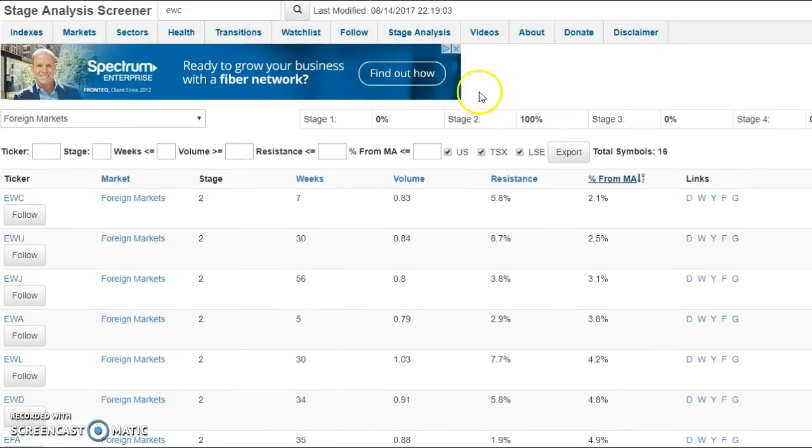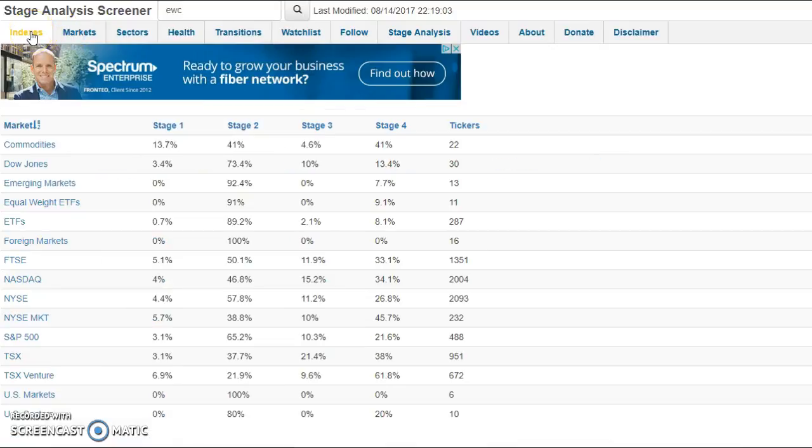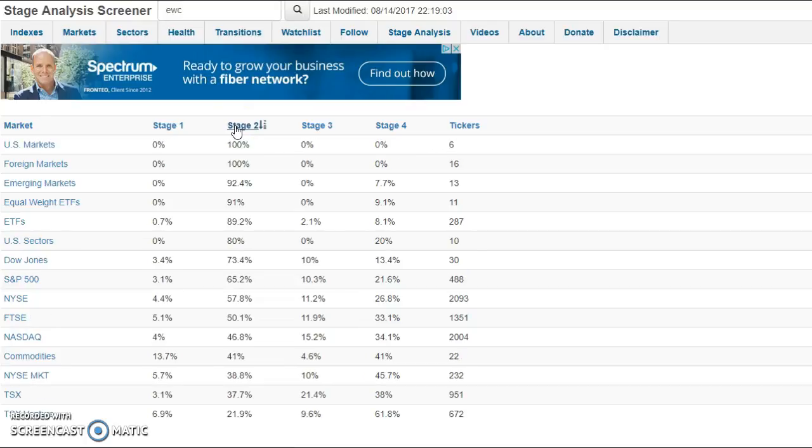And then turning to breadth, which I had on my list, you can note that if you sort by stage 2, the TSX is actually at the bottom of all these different baskets of stocks. One thing I like to look at when I go to the indexes page is the percentage of stocks in stage 2 and stage 1 versus stage 3 and stage 4.